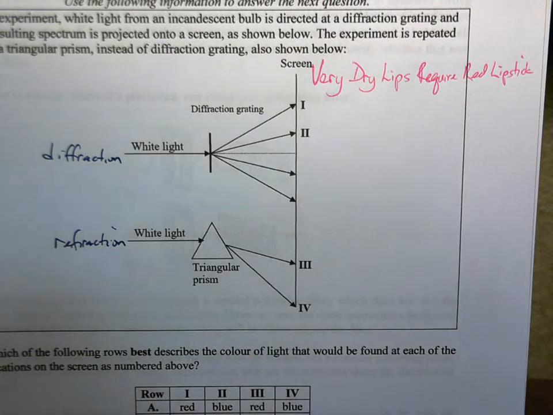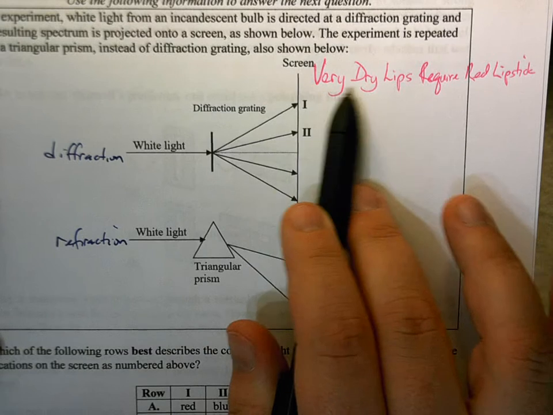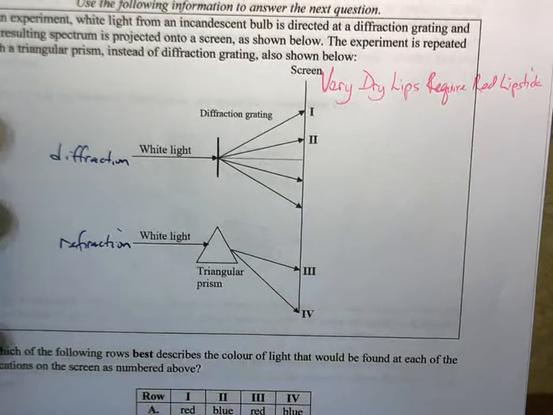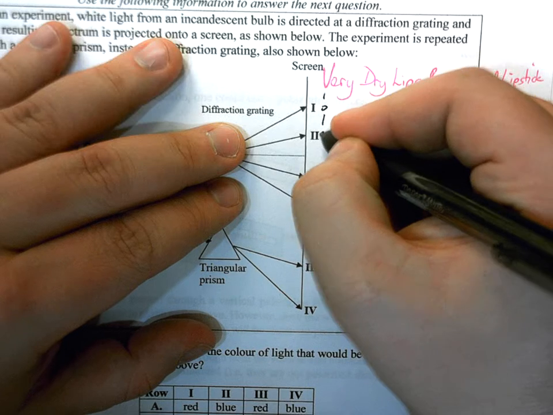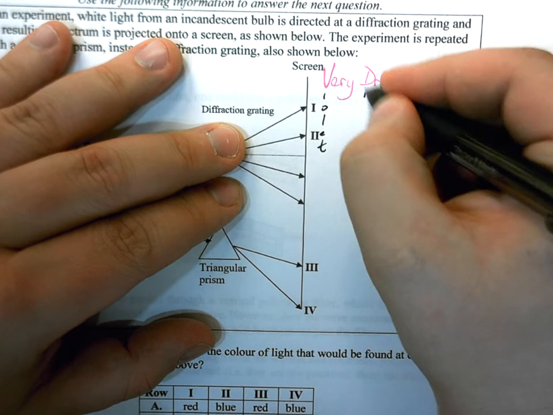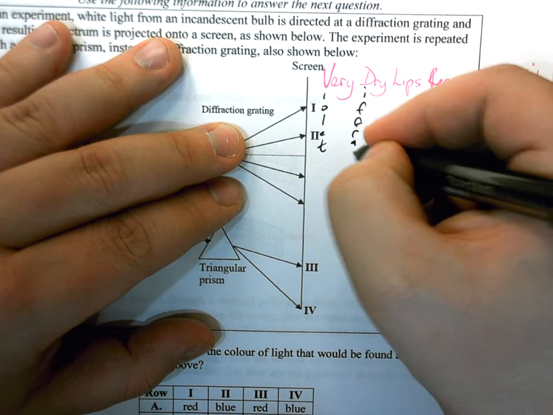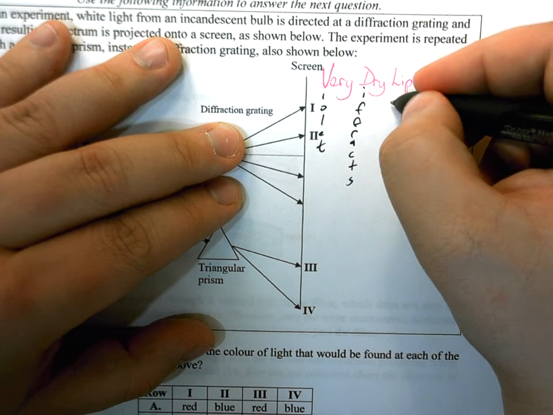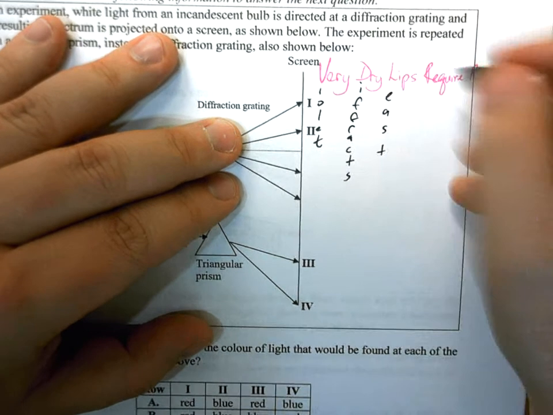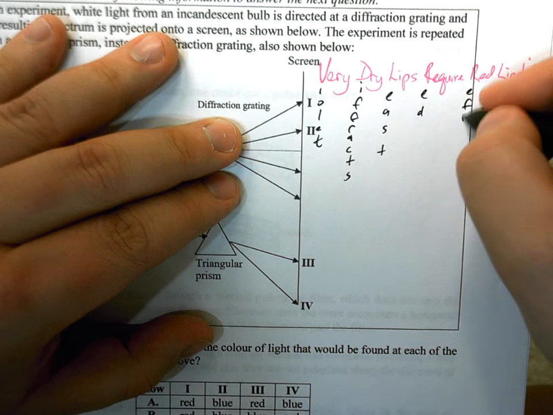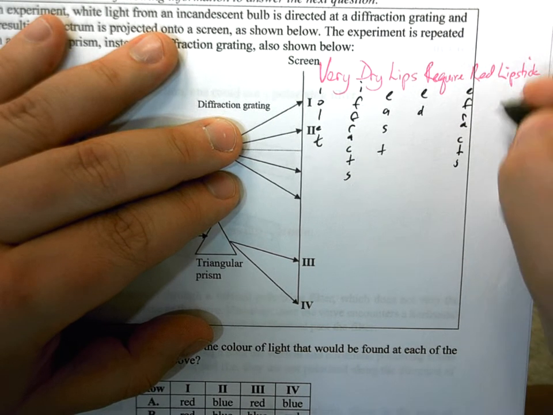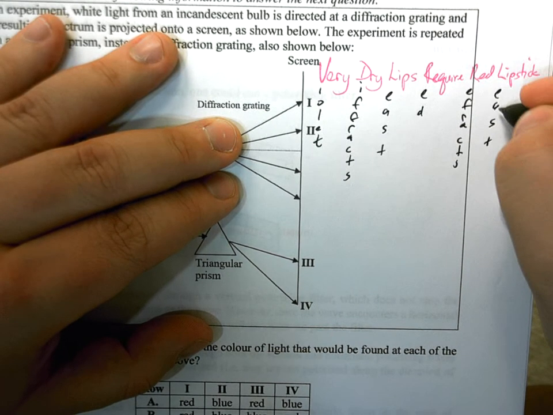So if we can remember very dry lips require red lipstick, you'll notice I've capitalized the first letter in each word. So the first V is going to be violet. This D is diffracts. L, least. Red refracts least.